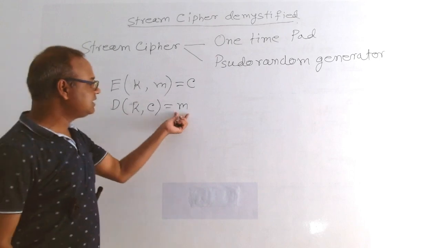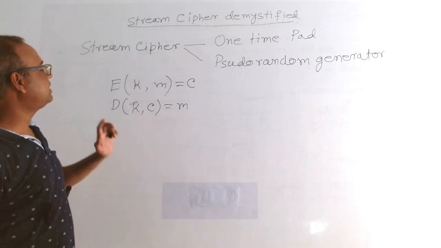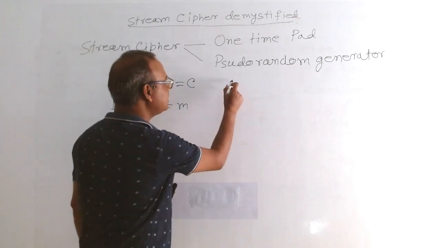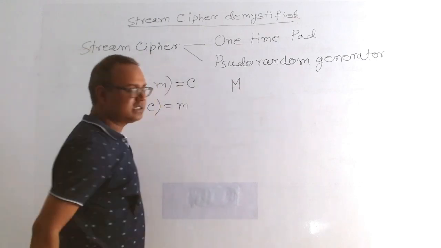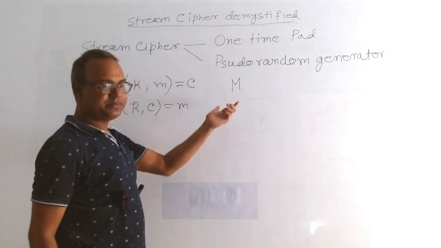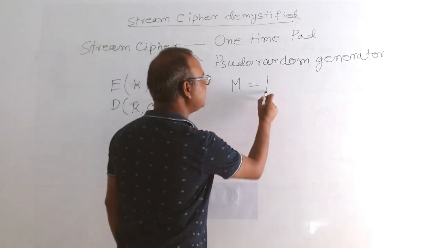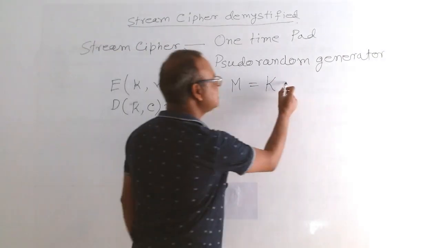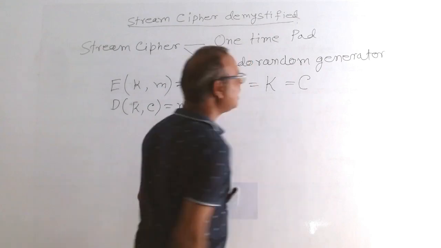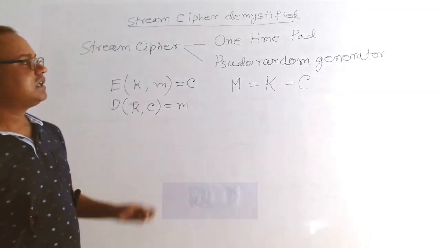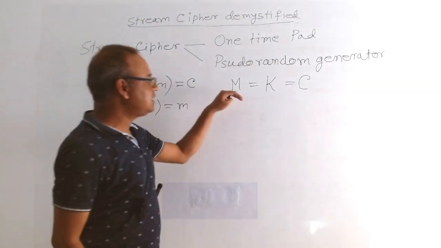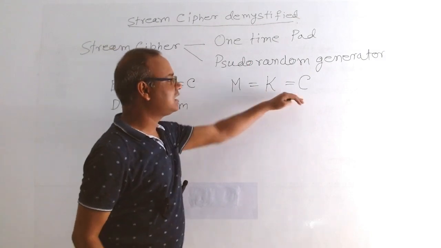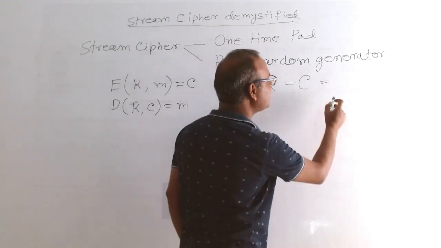This message length may be variable in the stream cipher. It may be arbitrary. So for the time being, let's assume that M is the message space, the space of all the messages, K is the key space, the space of all the keys, and C is the space of all ciphertexts. It is assumed that key space, message space, and ciphertext space are the same in the OTP.